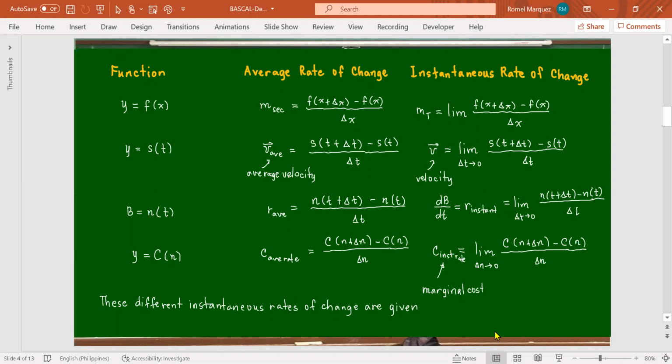Kaysa tawagin natin velocity, instantaneous rate of change of the number of bacteria in a colony with respect to time, or marginal cost, we are given a special or neutral name.